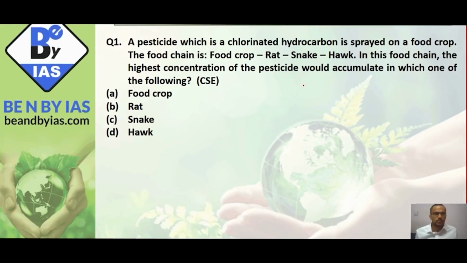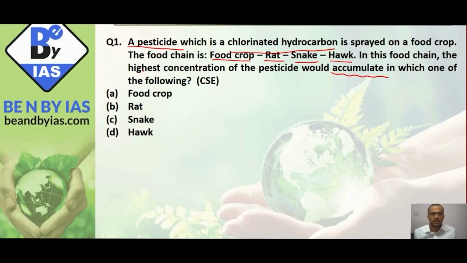So first question is, a pesticide which is a chlorinated hydrocarbon is sprayed on a food crop. The food chain is food crop, rat, snake, hawk. In this food chain, the highest concentration of pesticide would accumulate in which one of the following?